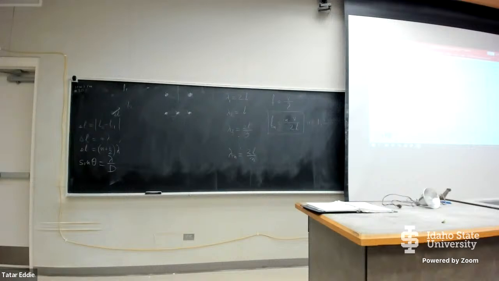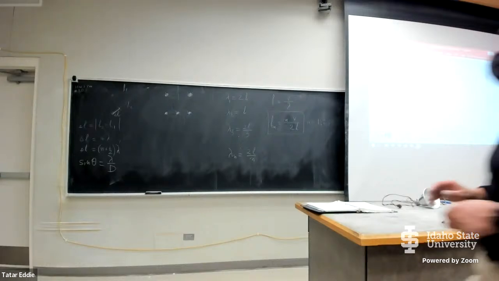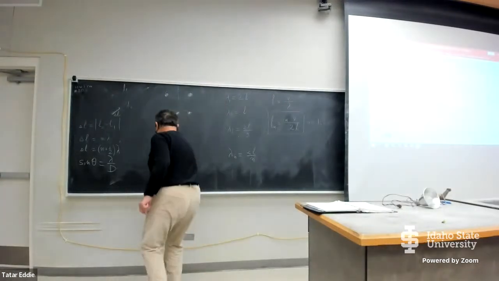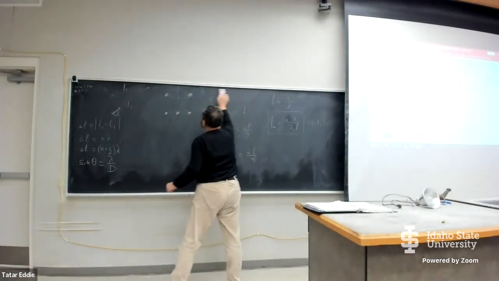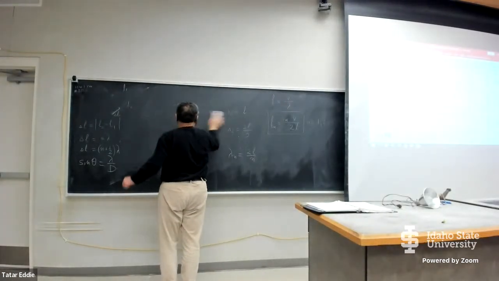Now, if you have pipes with two open ends, you can represent the sound wave that is a standing wave in a pipe with two open ends with the following diagram.